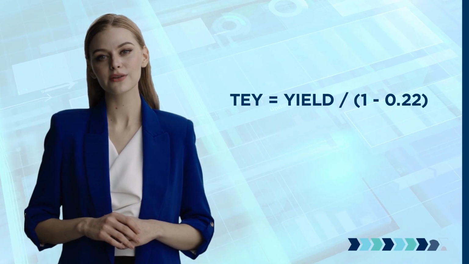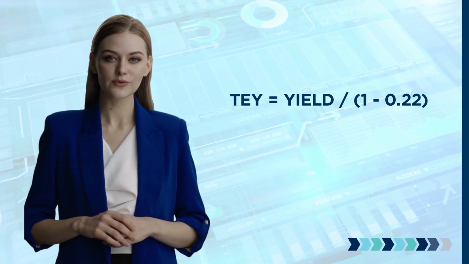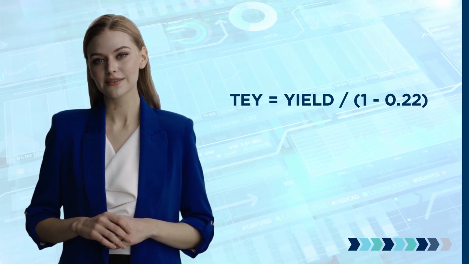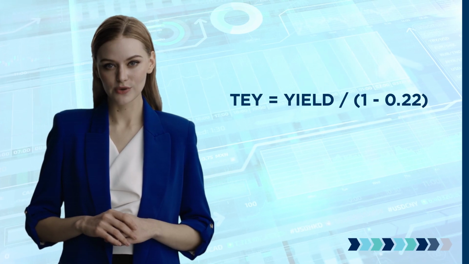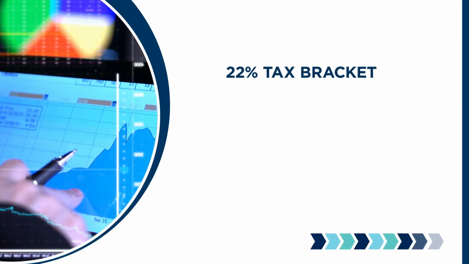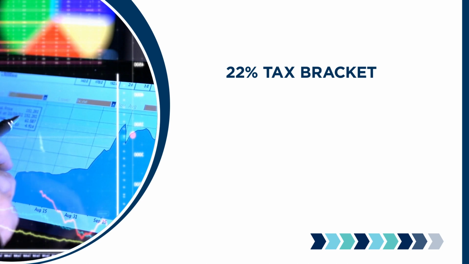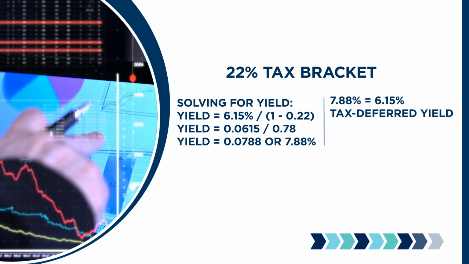Let's review a higher tax bracket. At a 22% tax bracket, the TEY calculation would be TEY equals yield divided by 1 minus 0.22. In the 22% tax bracket, your taxable investment would need to yield approximately 7.88% to be equivalent to a 6.15% tax-deferred yield.